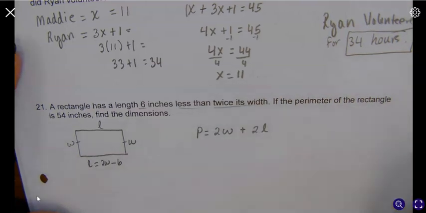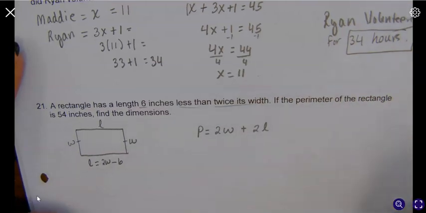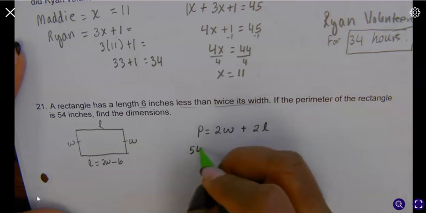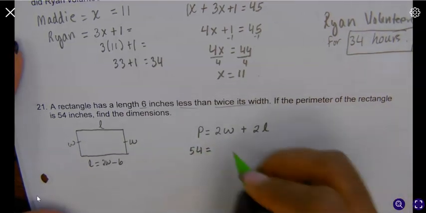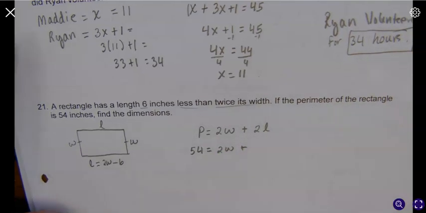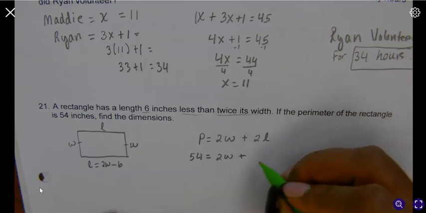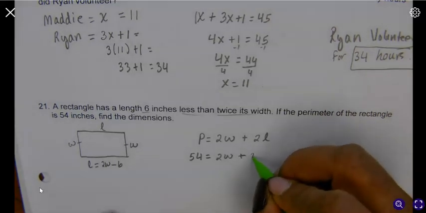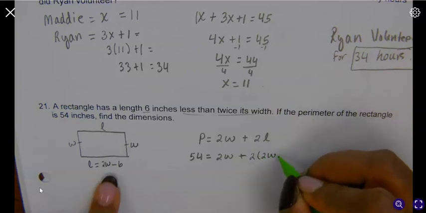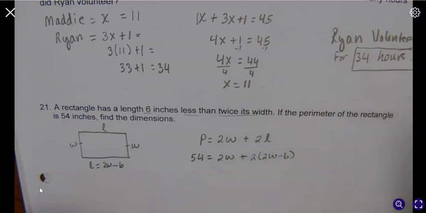So let me just go ahead and fill in all of the things that I know. The perimeter is 54, so P is 54. And then I'm going to say 2w plus 2 times the length, which is 2w minus 6.